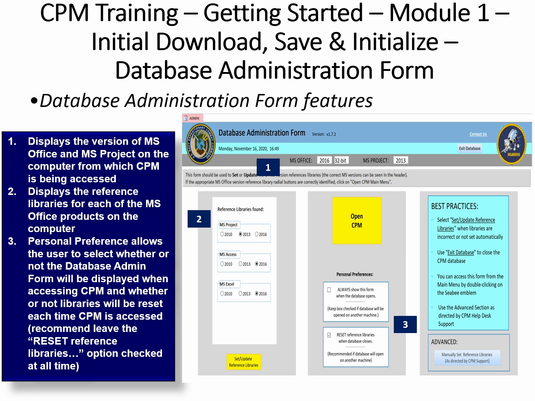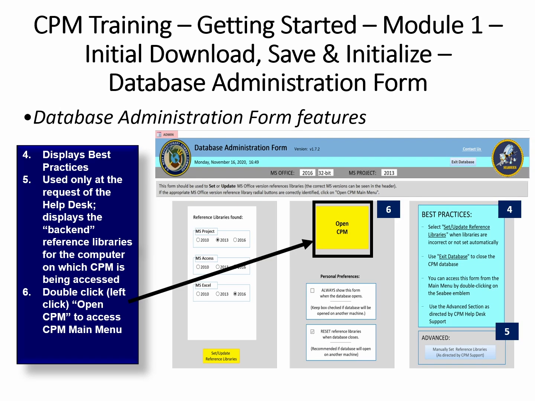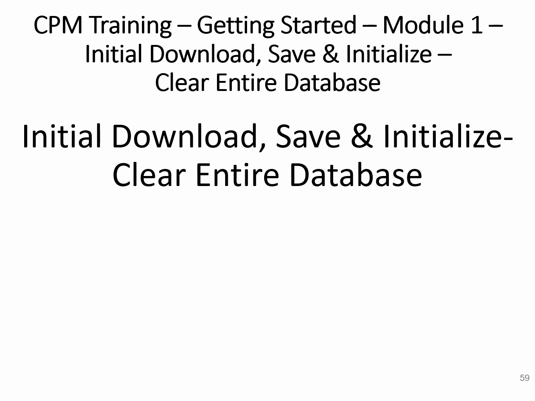All Projects is doing is your resource leveling and scheduling. As you see down there at number 3, reset the reference databases is always checked. And then you click on CPM and you're back to CPM.